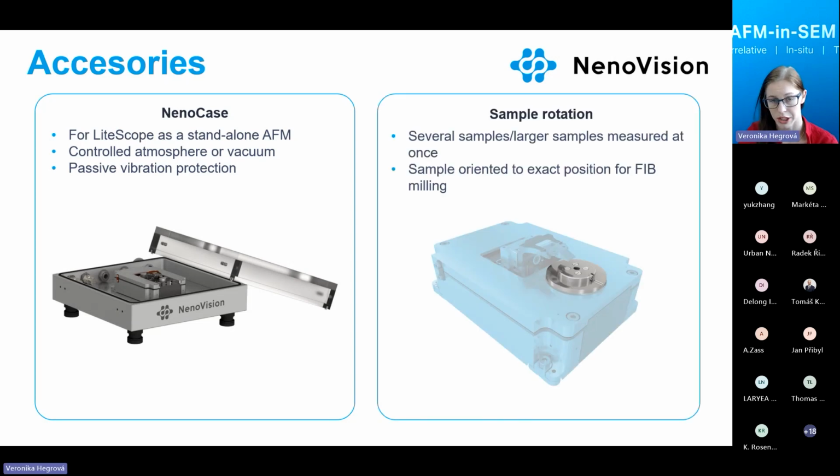There's also a sample rotation accessory. This accessory allows several samples or larger samples to be measured at once. And also it provides the exact orientation if your experiment is, for instance, for focused ion beam milling, so you can polish one side, rotate, and measure in that range, for instance.